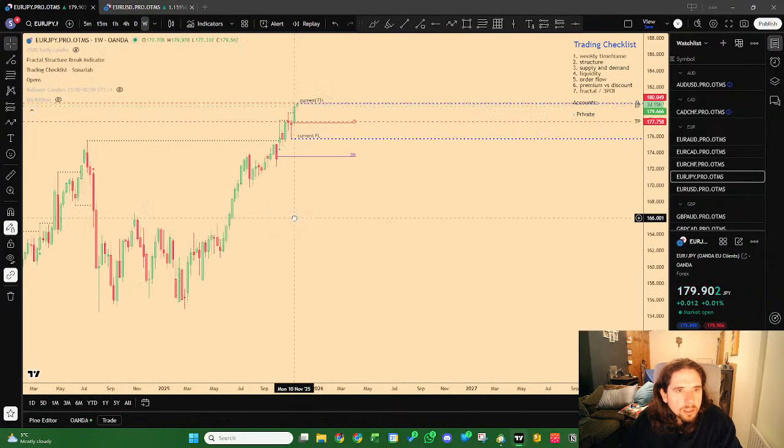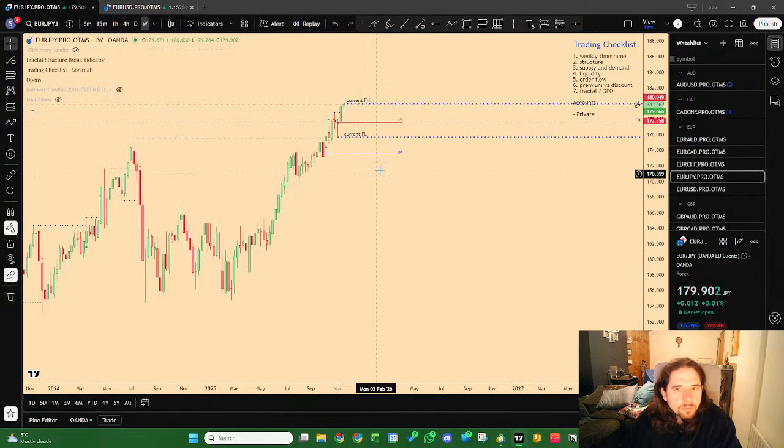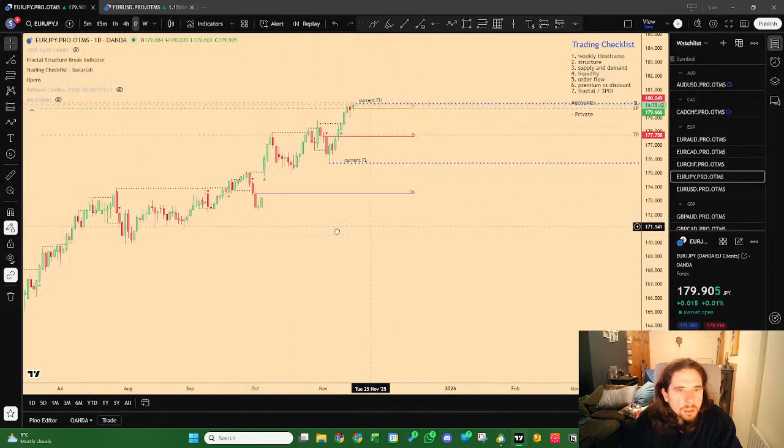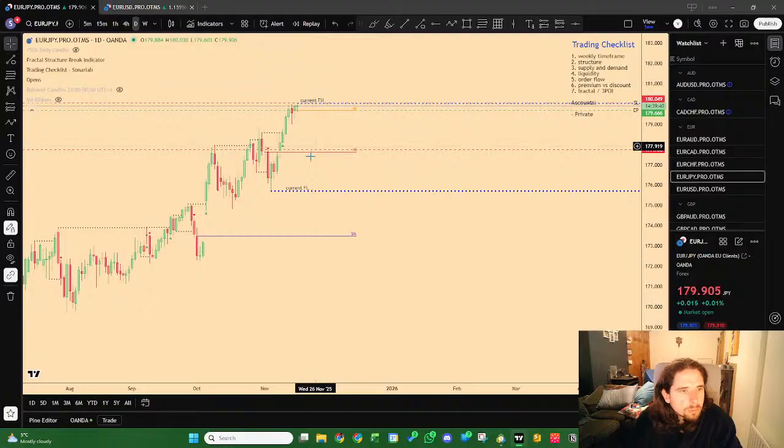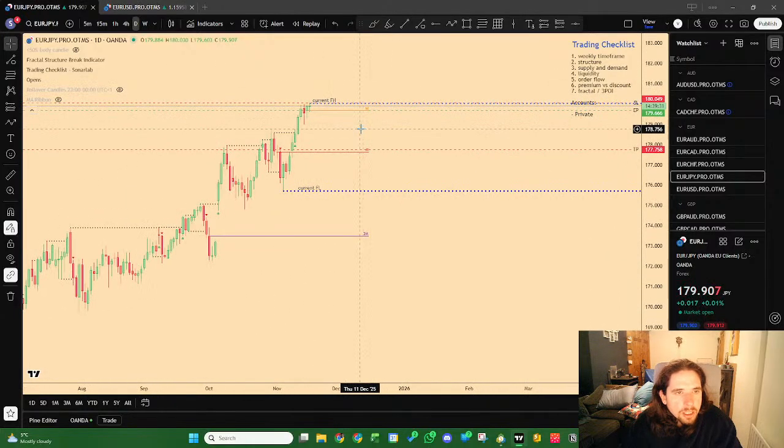Here is JPY, we're bullish. Okay, we're bullish again. I did have a trade in here, but I took it off because it was made aware to me that it's not advisable to trade against the trend.